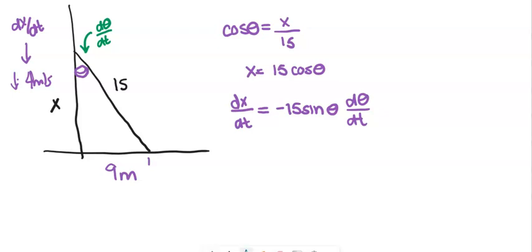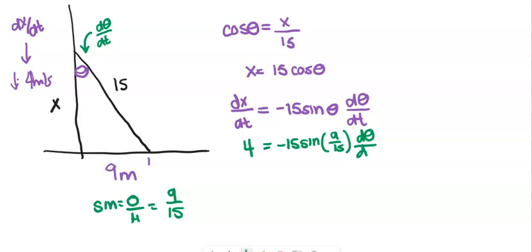Now I can start plugging in numbers. I know that the rate that the ladder is falling down the wall is 4 meters per second. I can also find this angle, so let's just do that on the side over here. Sine of the angle is opposite over hypotenuse, and in this case it'll be 9 over 15 at this point in time.